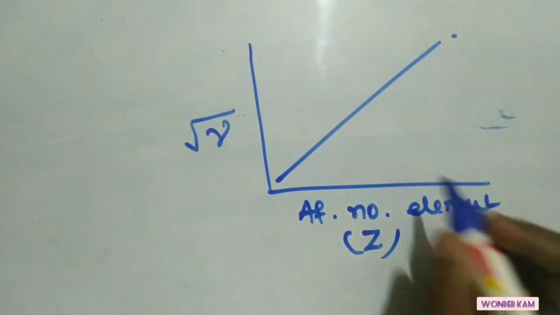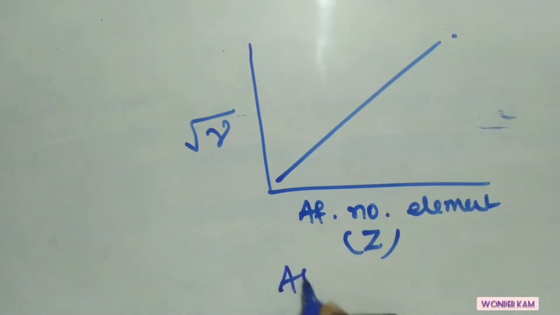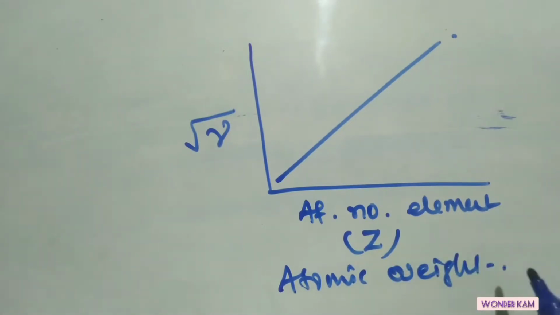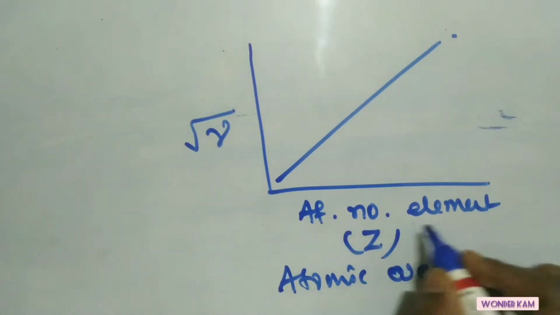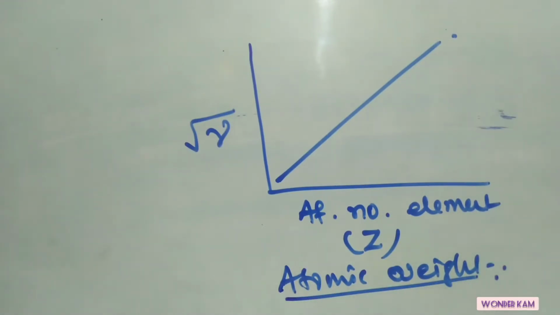He couldn't find such an observation when he took the atomic weight of the element. So, he established that the atomic number is more fundamental, a fundamental property of an element, than the atomic weight. Based on this, the modern periodic law was established.